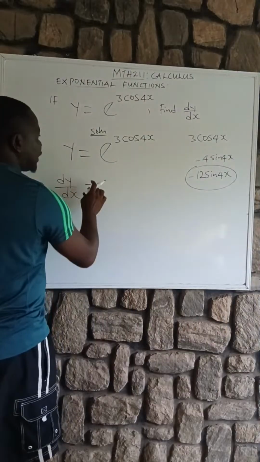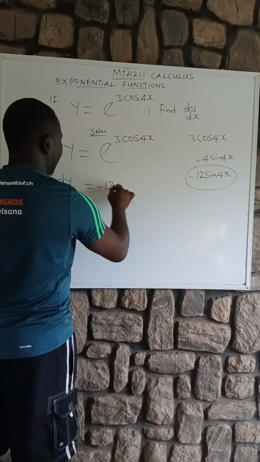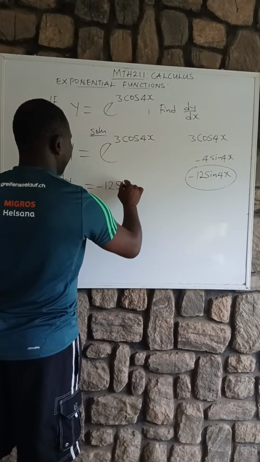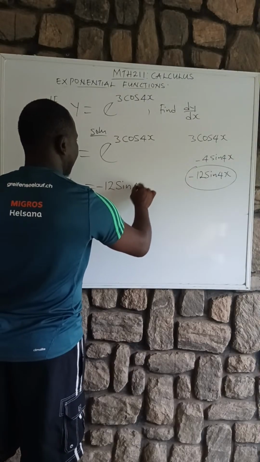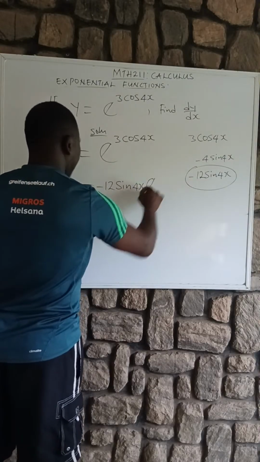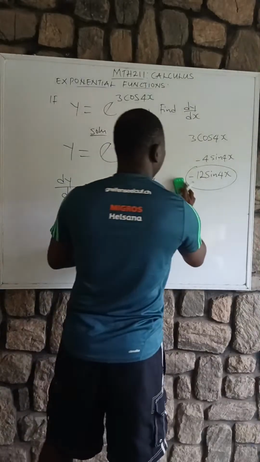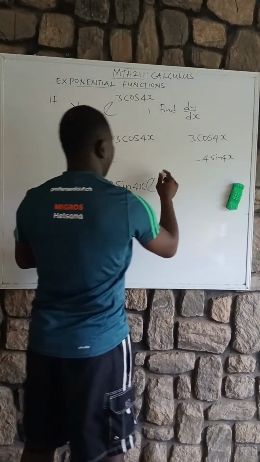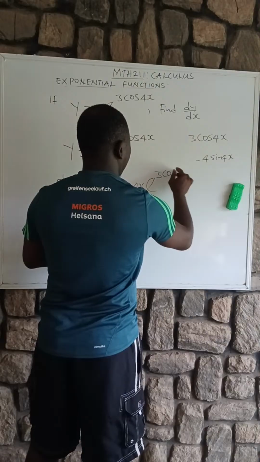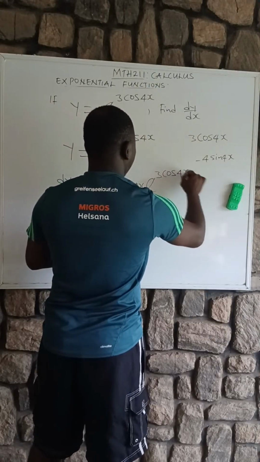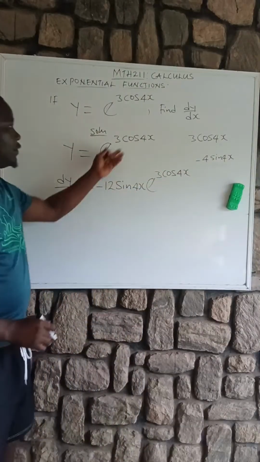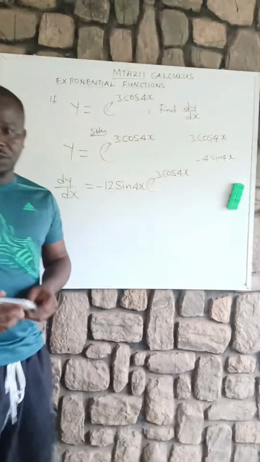So the answer will now be minus 12 sine 4x exponential 3 cos 4x. This is how to differentiate exponential functions.